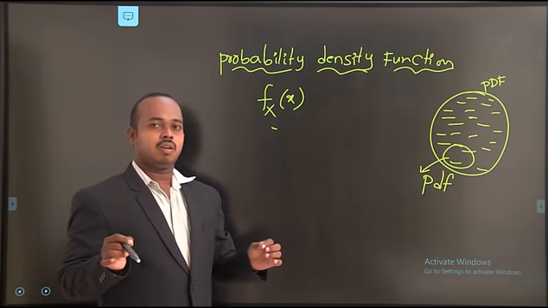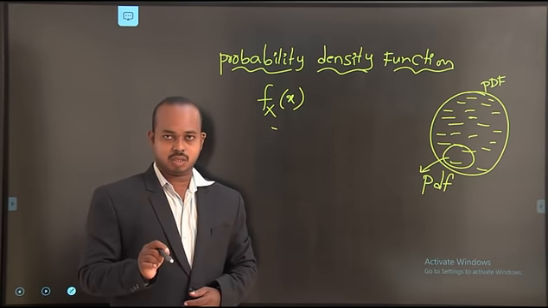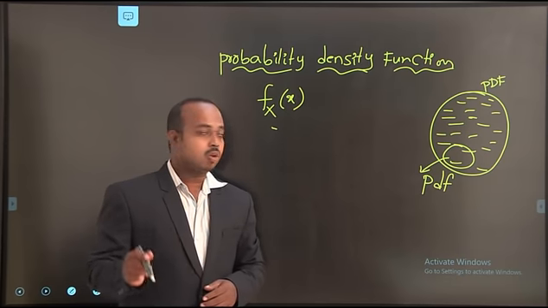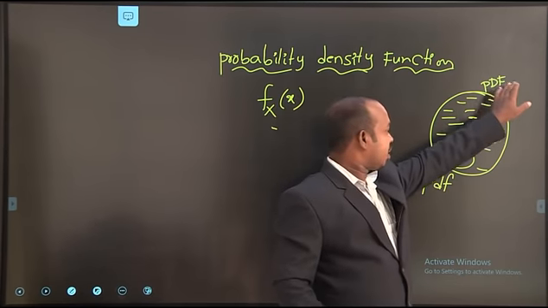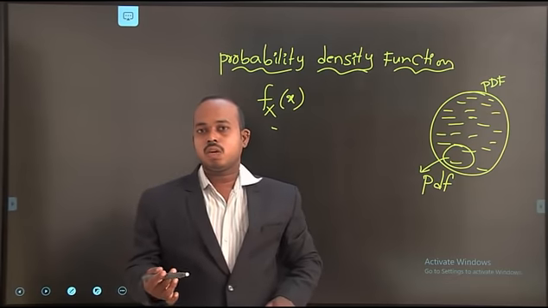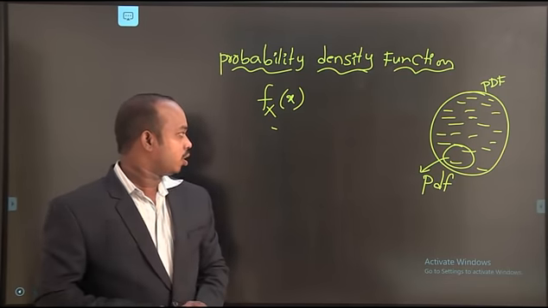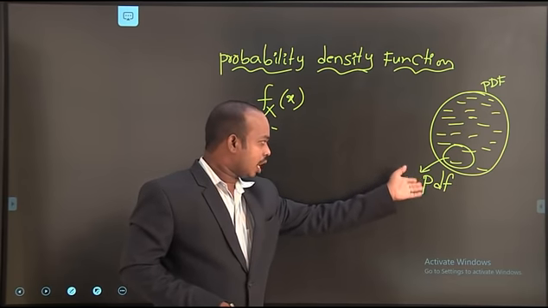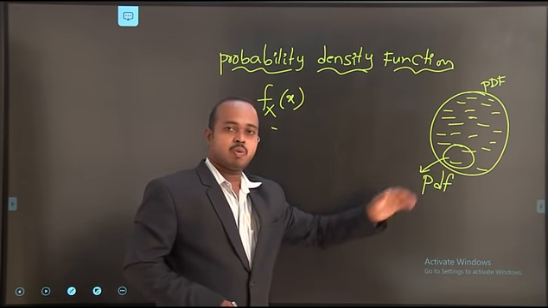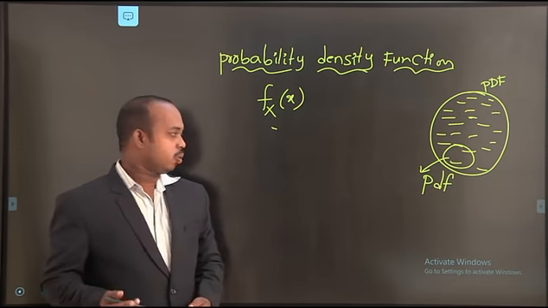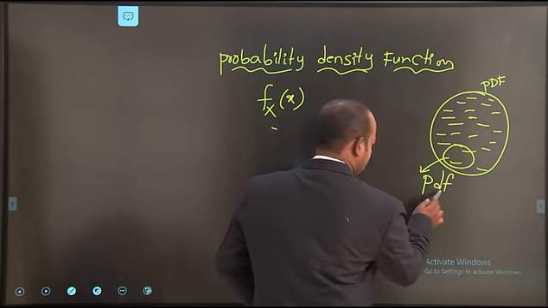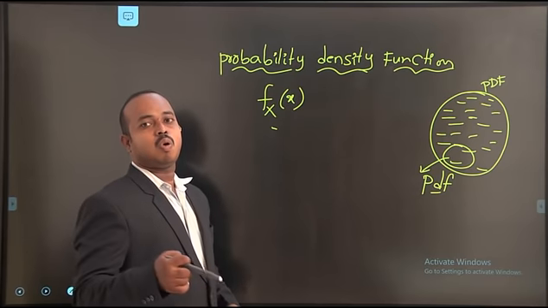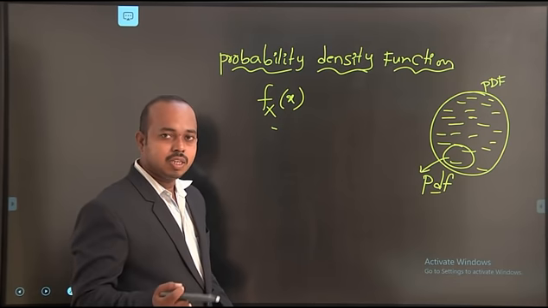Here you must remember, you must have some clarity about distribution and density. Whenever representing capital P, capital D and capital F, it is the probability distribution function. Whenever the representation is small d, you can easily identify it is a density function, when he is asking for the density function.